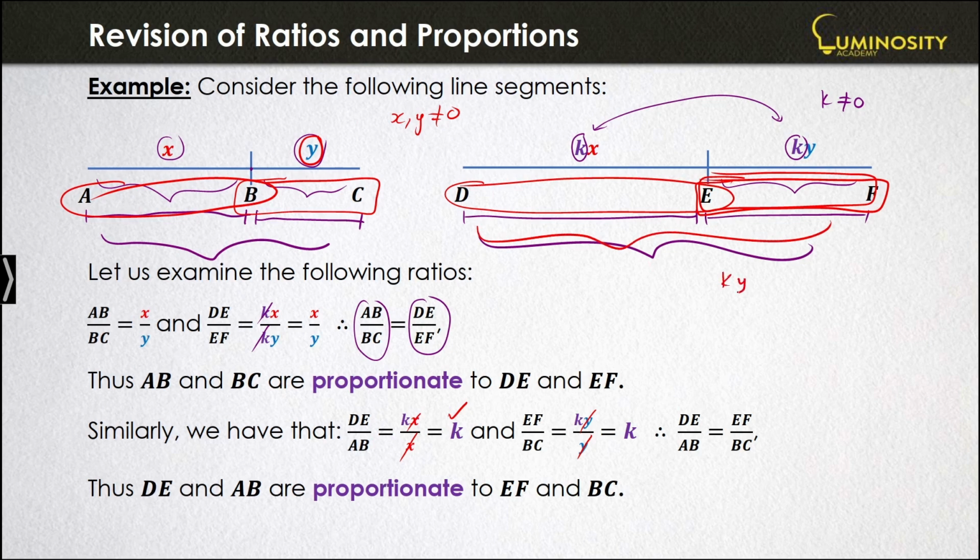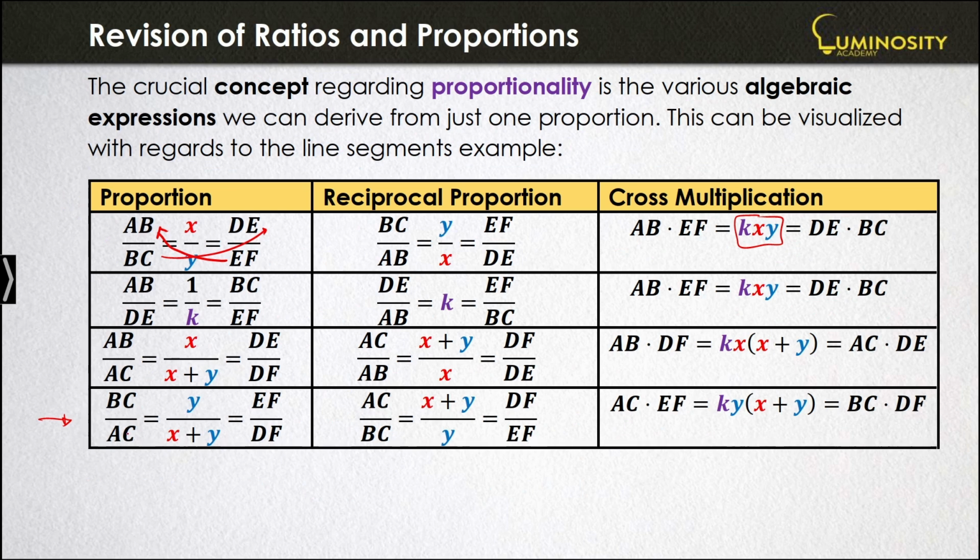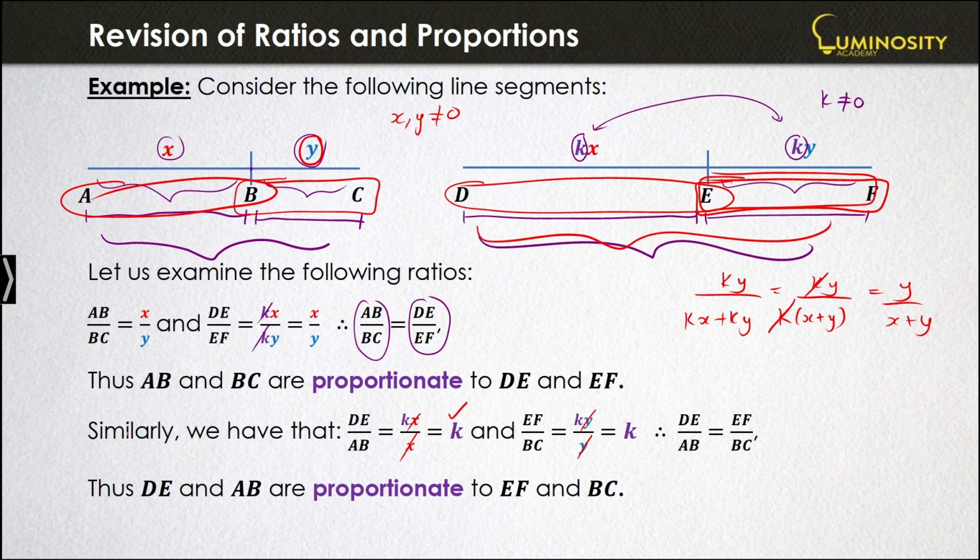So it'll be KY divided by KX plus KY. But I can take out K as a common factor in the denominator. You can see those all divide into each other, and you're left with Y over X plus Y. And that is exactly what BC over AC was. So as long as you take the ratios in the same sequence, you will get the same proportions coming out.